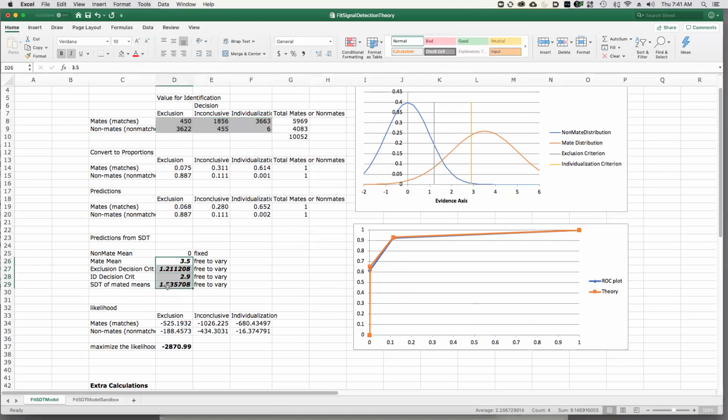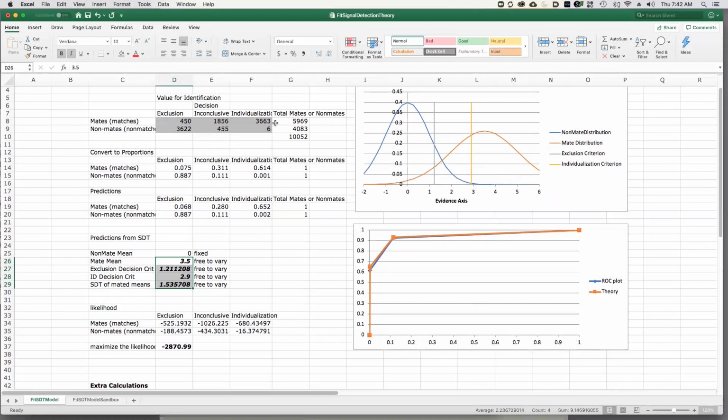It's an instance of a model. And if we change these parameters, it's another instance, but the assumptions that go into it, the assumptions of normal distributions, and the fact that there's an evidence axis, and you can partition it using these decision thresholds, all of that is the theory.